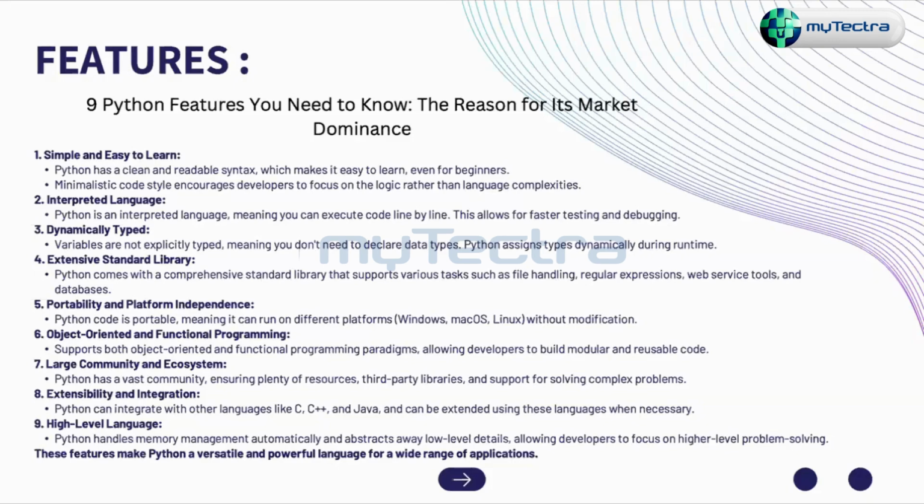What is this comprehensive standard library? Is that something inbuilt? Tell me the point now. Fourth one, extensive standard library. Cool. Python comes with a comprehensive standard library that supports various tasks such as file handling. You can understand this comprehensive standard library like support for third-party libraries or packages that we install. What is Python?